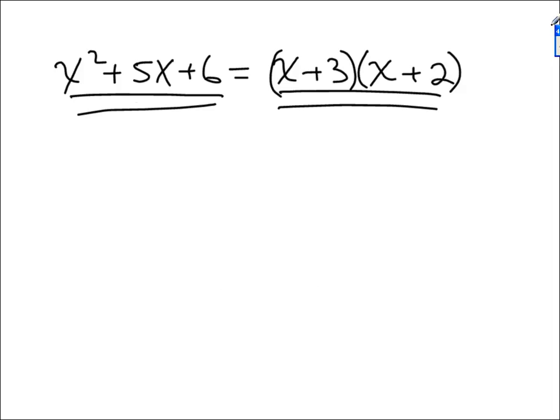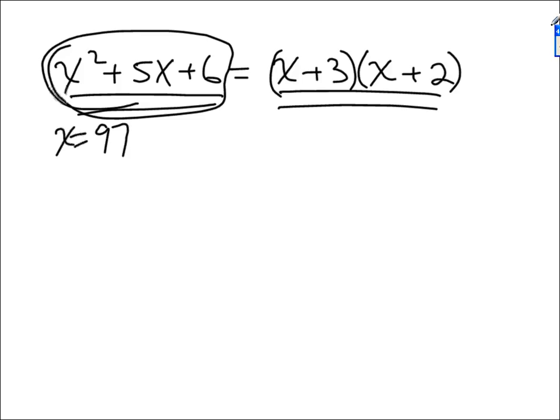If somebody asks you, like myself, what does this equal when x is 97? I claim, based on what you see on the board, this is not a hard problem. I know a lot of you would say, let me go get my calculator and compute 97 squared plus 5 times 97 plus 6. I wouldn't recommend using a calculator because it's time consuming.